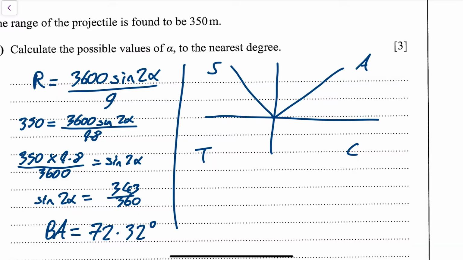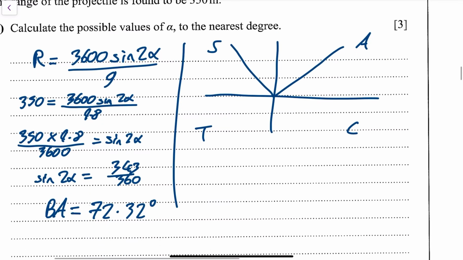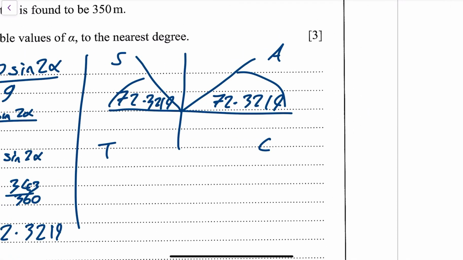I actually used a lot more decimal places, because I'm going to be dividing. So 72.3219, just to keep the accuracy. My first angle is here, round to there, and my second angle is here.